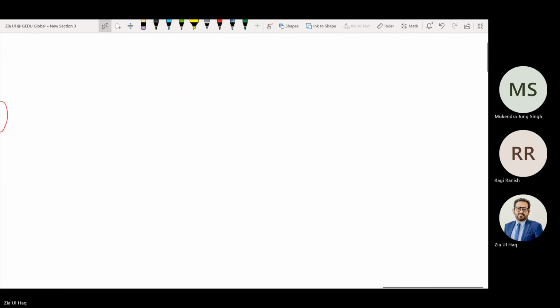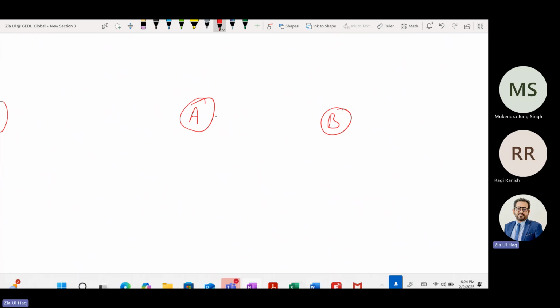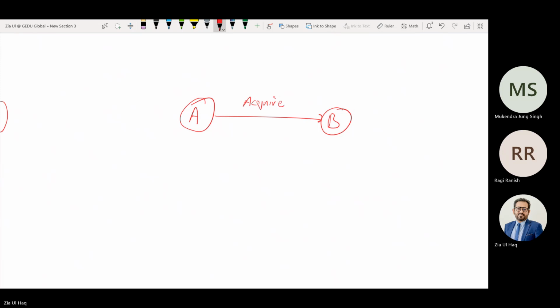Suppose there is a company A and there is a company B. Company A wants to acquire company B. But how much should they offer to buy company B, how much money should they offer, they need to decide.